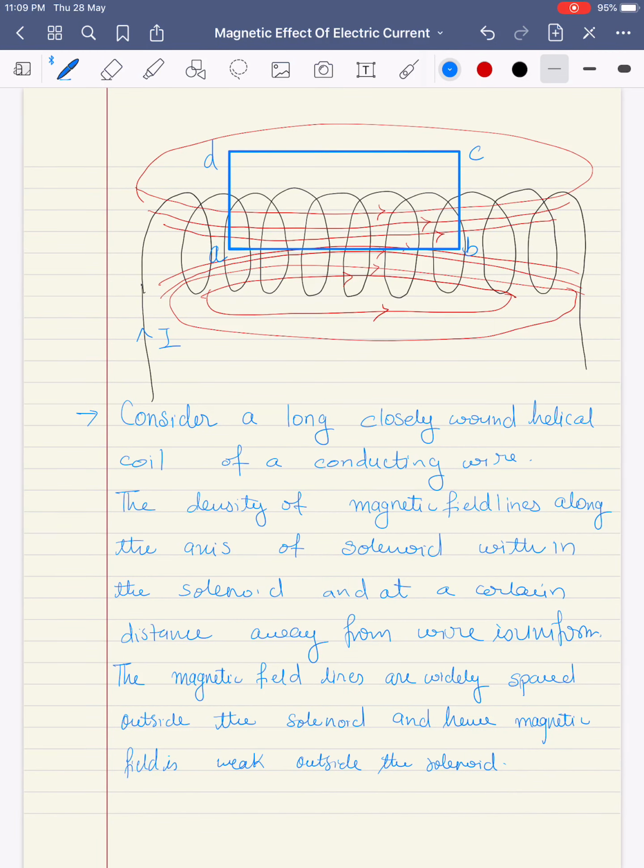So that's why what we consider is that if I consider the solenoid which we are using as ideal, then when I take a loop, the loop which we are taking, ABCD, is a rectangular loop. So if I consider by application of Ampere's law, let us consider an ideal solenoid.